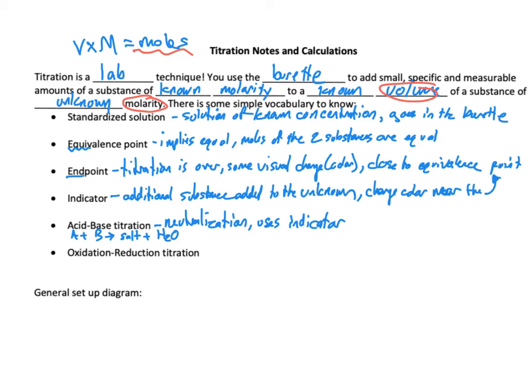The other type of titration is an oxidation reduction titration, and this involves a transfer of electrons. That's what oxidation and reduction is. And this often involves transition metals.